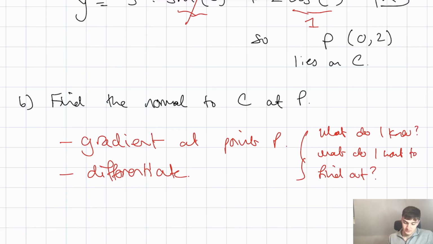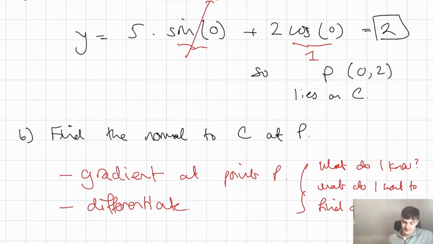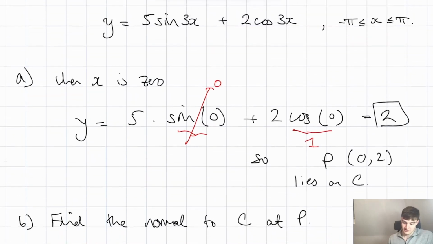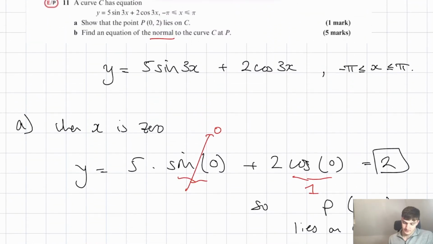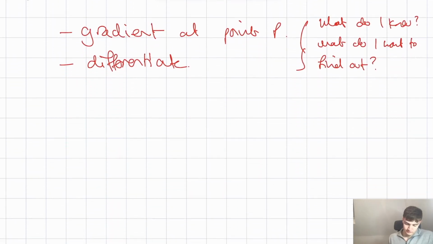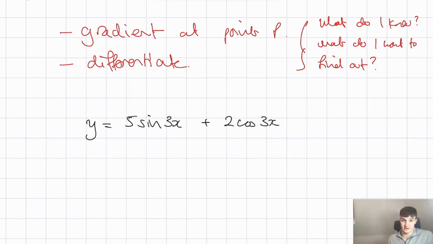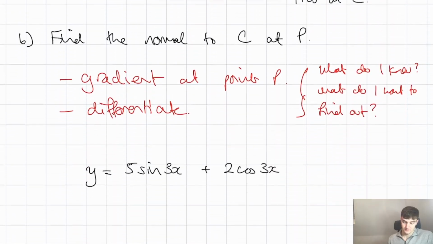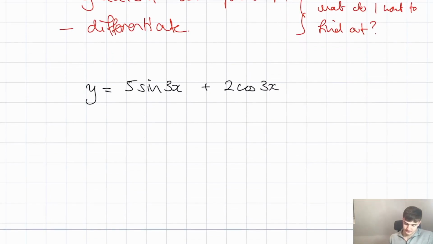Okay, so we need to find out the gradient first. So let's differentiate. So I'll just copy this. So the derivative here, we've not actually had to use any exponentials in this question. So that's okay.